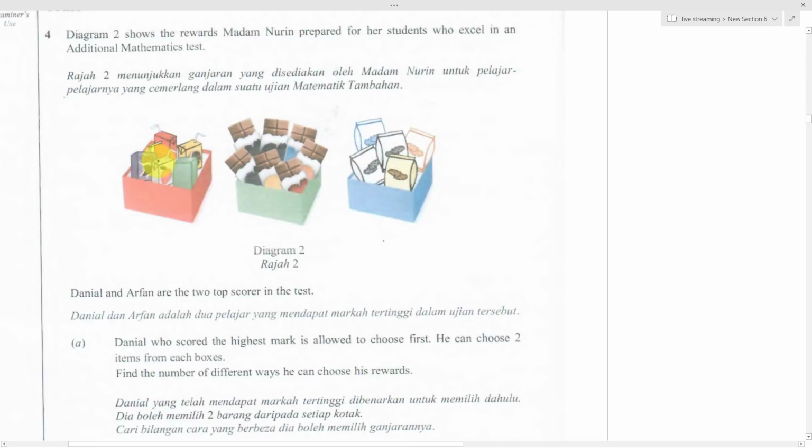Over here, for drinks we have 5, isn't it? Chocolate, we have 1, 2, 3, 4, 5, 6, 7. We have 7 chocolates. And this one, I guess, is milk. We have 5 milk over here. So if Daniel wants to choose 2 from each box, this is just 5c2 multiply 7c2 multiply 5c2.